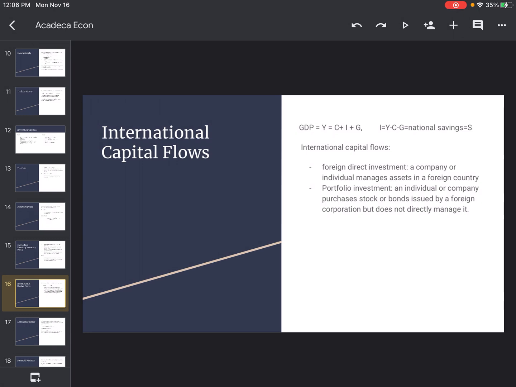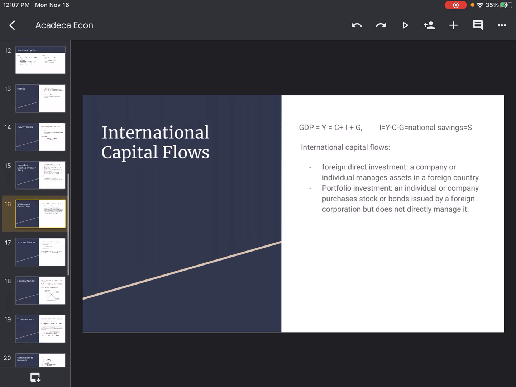And that's GDP: Y equals C plus I plus G. And then it also works that I is equal to Y minus C minus G, which is equal to national savings, or S, like I brought up earlier. I highly recommend that you jot down as many of these variables as possible, because trust me, they get worse.